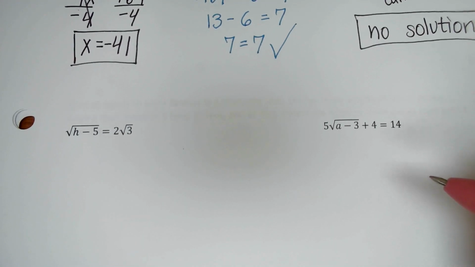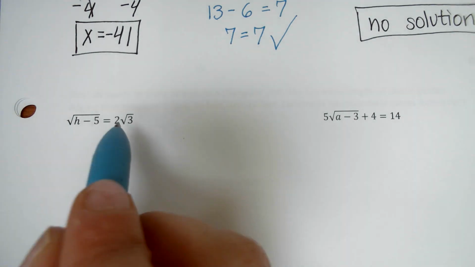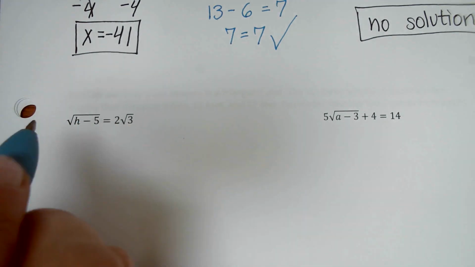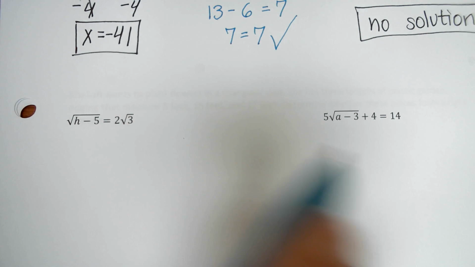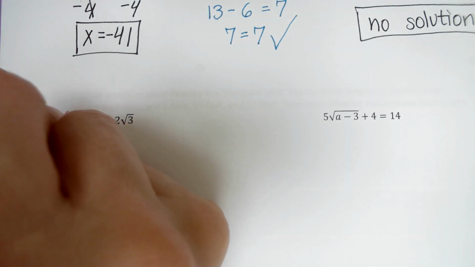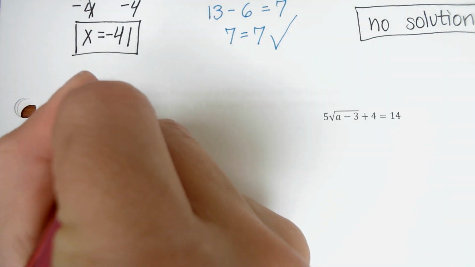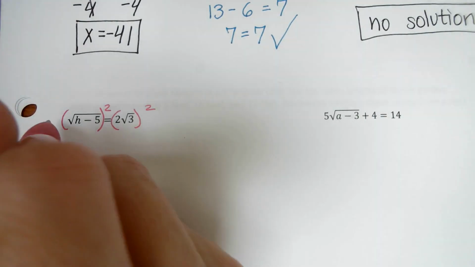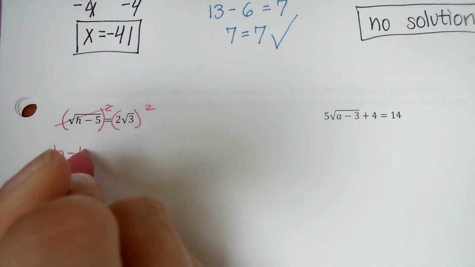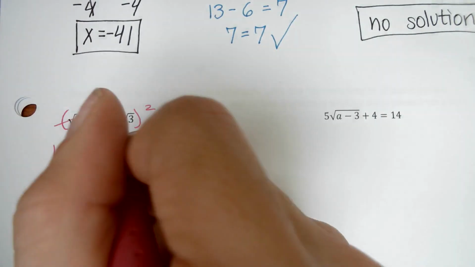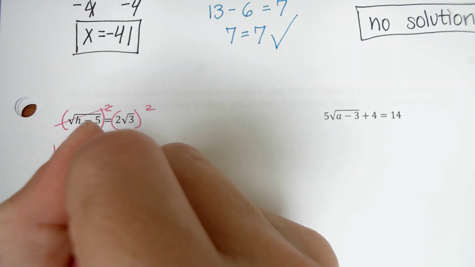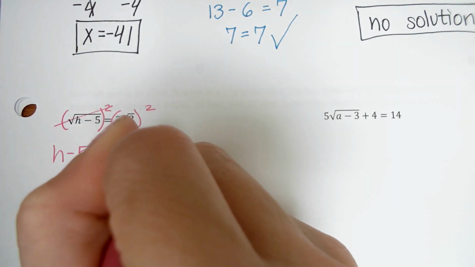So moving on, let's do another example. This time we have radicals on both sides. So to get to my variable, I have to first eliminate the radical by squaring both sides. That leaves h minus 5 equals 4 times 3.